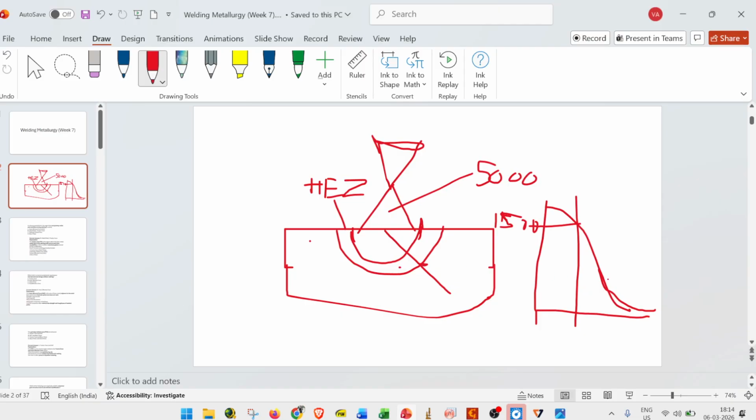It will be around 700 degrees. Okay, so it is above the recrystallization temperature: the heat affected zone. Here is the fusion zone.